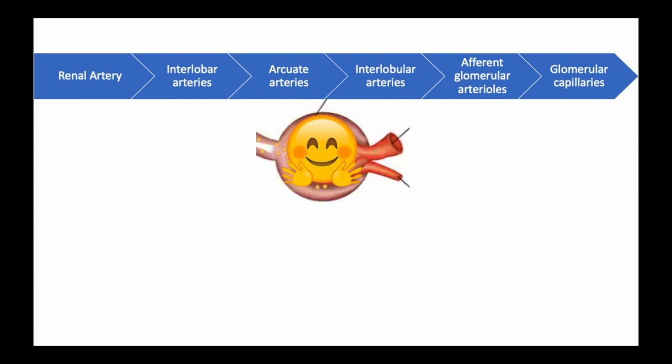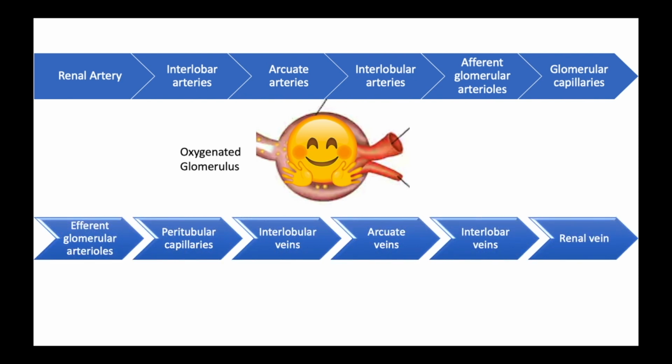So now the nephron, or specifically the glomerulus, is oxygenated. Okay, so it's happy, it's oxygenated. So then we have to bring that deoxygenated blood back. The efferent glomerular arterioles exchange and sort of branch into the peritubular capillaries, the interlobular veins, the arcuate veins, the interlobar veins, and then branching off into the renal vein.